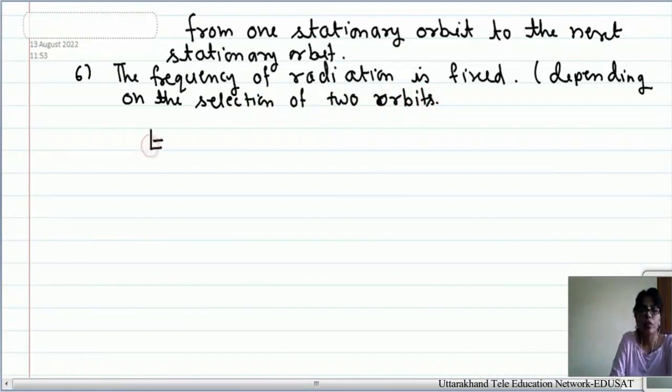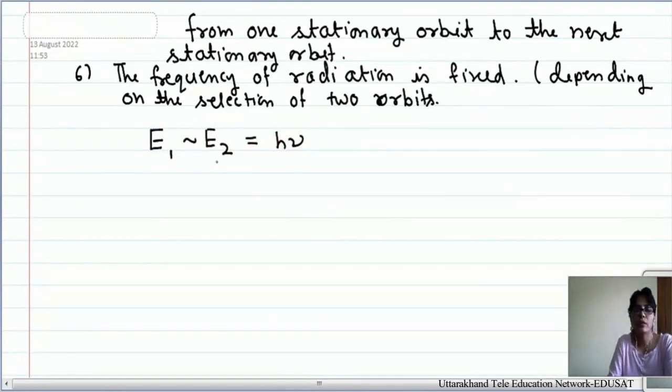Suppose the energy of one orbit is E1 and the energy of the next orbit is E2, then E1 minus E2 is equal to h nu, where nu is the frequency. If we take another two orbits, let us say E3, E4, then the frequency will be different. So these were the points of the Bohr atomic model.